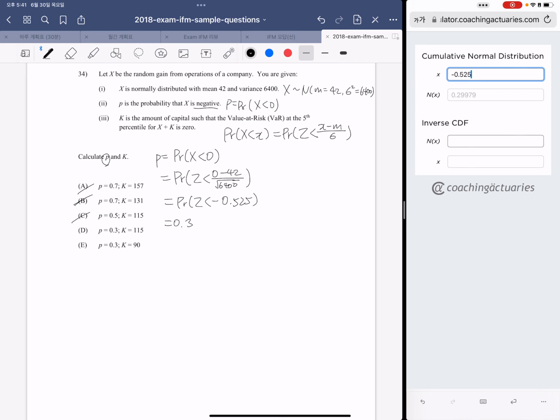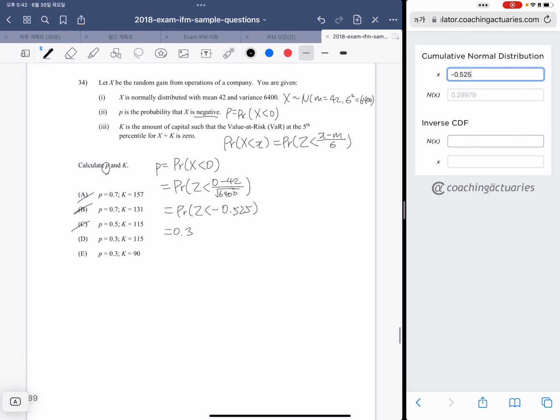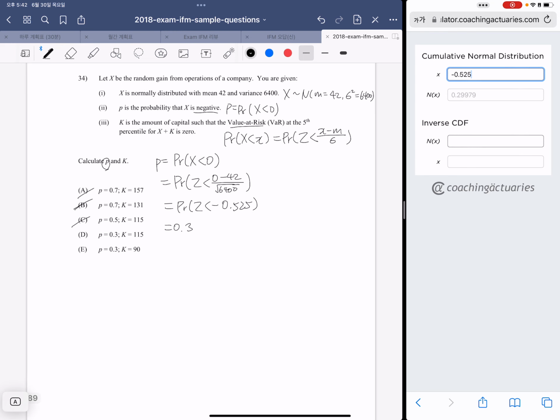Moving on to K. K is the amount of capital such that the value at risk at the fifth percentile for X plus K is 0. Okay, so we want to calculate the value at risk at the fifth percentile.